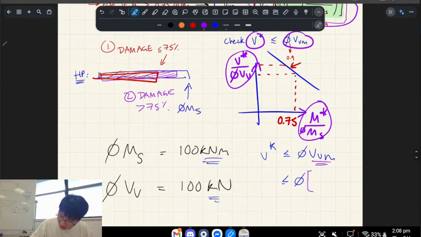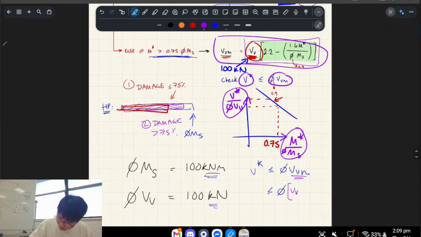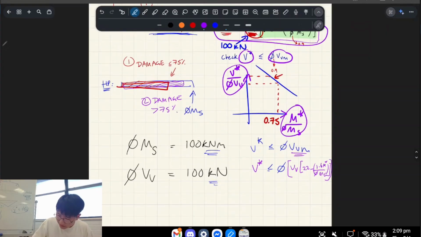So that whole thing becomes VV bracket 2.2 minus 1.6 m star over phi ms. And on the left hand side, if you rearrange it such that you bring these two out the front, I forgot the exact way you do it, but basically it will say da-di-da.